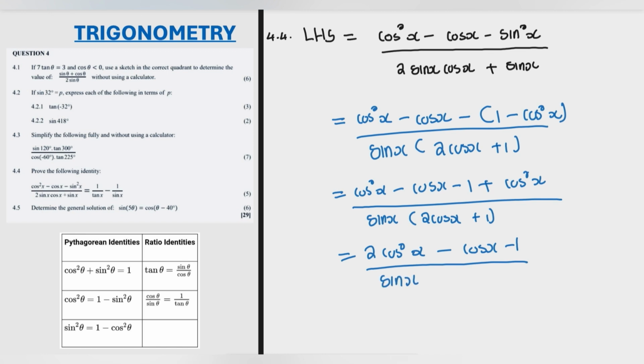We don't want to get rid of that sine x there, because remember, we want something that will give us cos of x over sine of x, so that we can end up with 1 over tan of x. So we're keeping that 2 cos x plus 1.